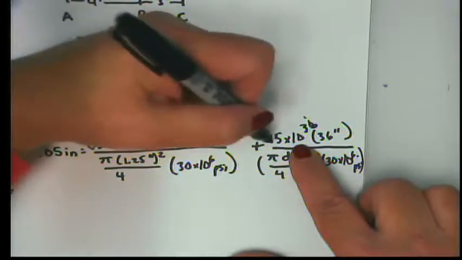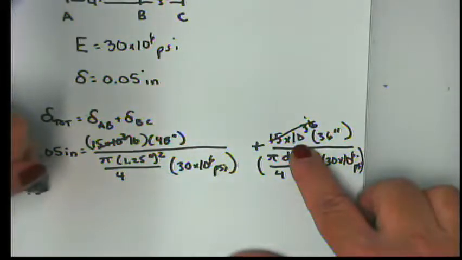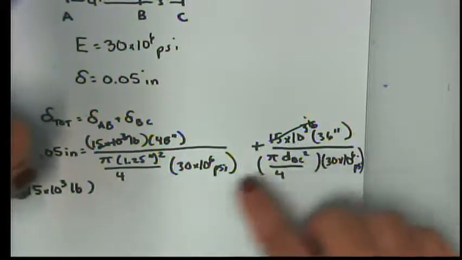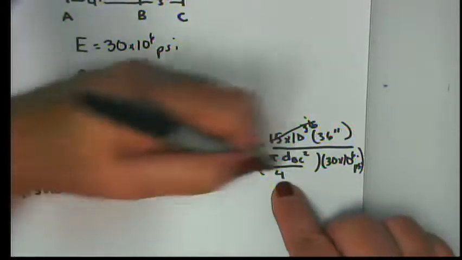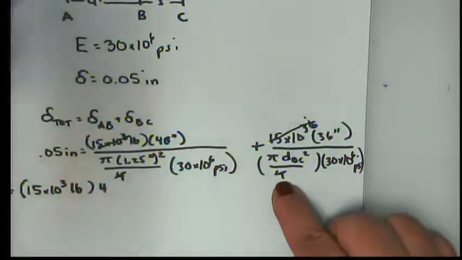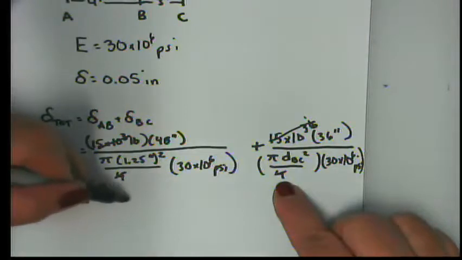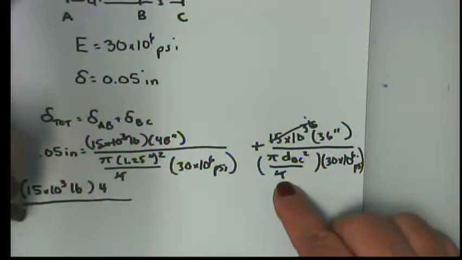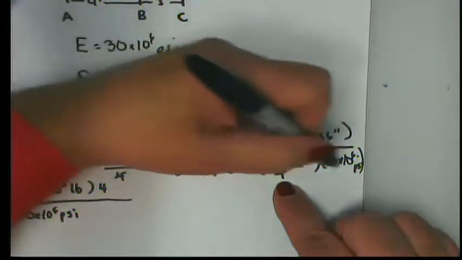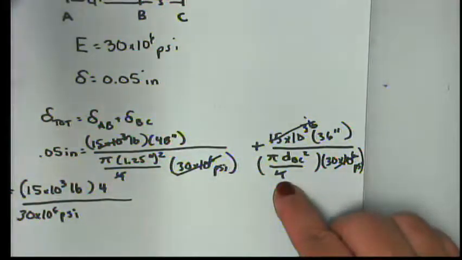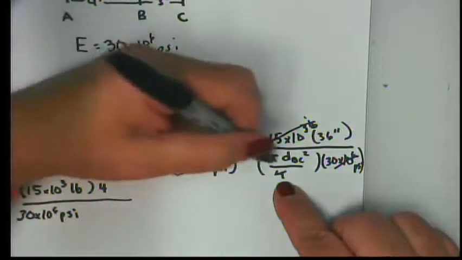So this and this will come out. This 4 will come out and flip up to the top because it's in the denominator of the denominator. 30 times 10 to the 6 psi also comes out because it's in common between those two, and also pi.